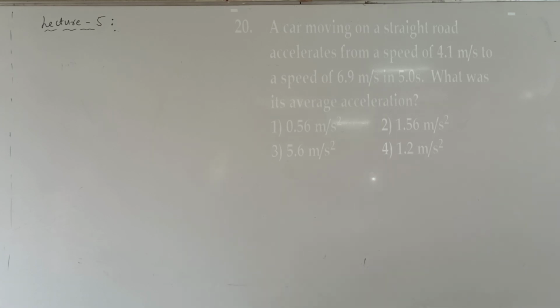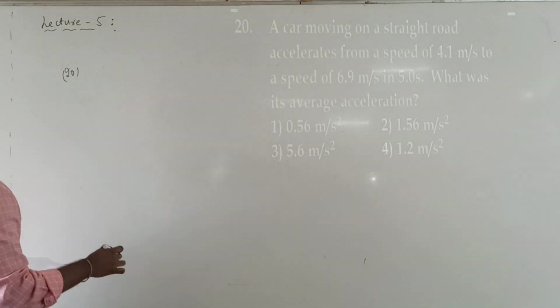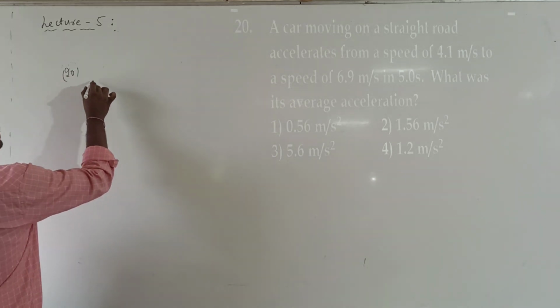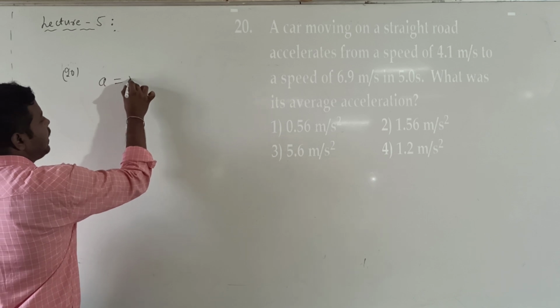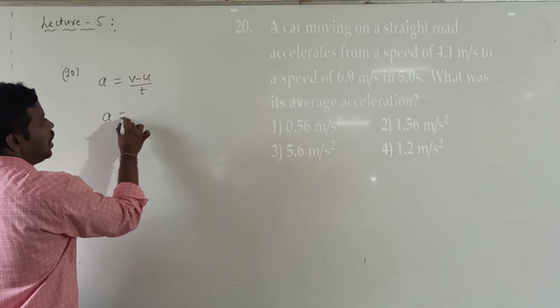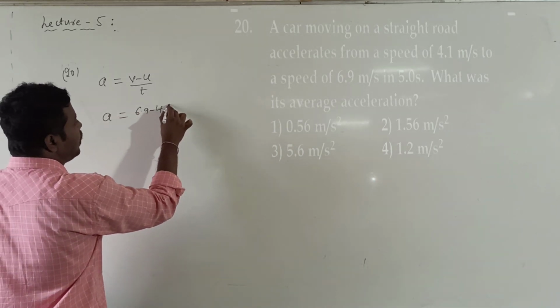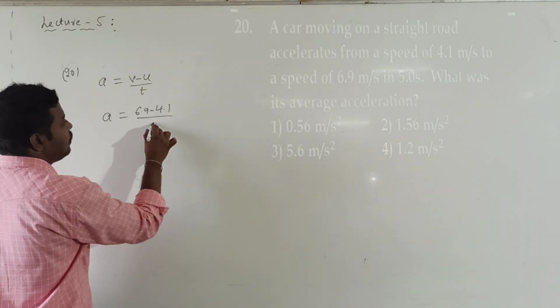Question number 20. This is a simple question: a car is moving on a direct level. They gave the initial velocity, final velocity and time, asking us to calculate the acceleration. A is equal to V minus U divided by T. So A is equal to V, given as 6.9, minus U, given as 4.1, by time, given as 5 seconds.